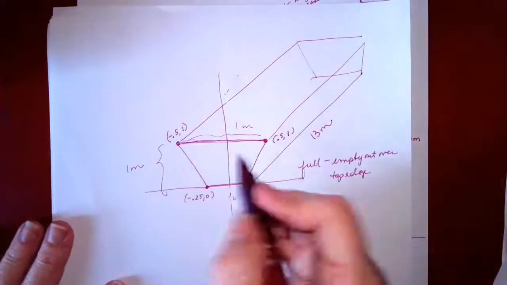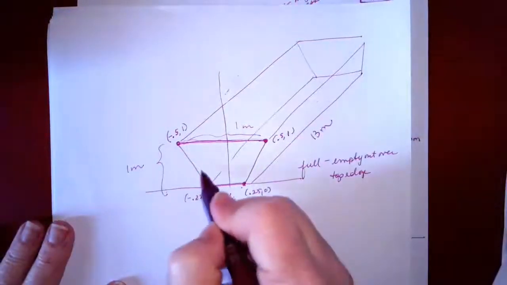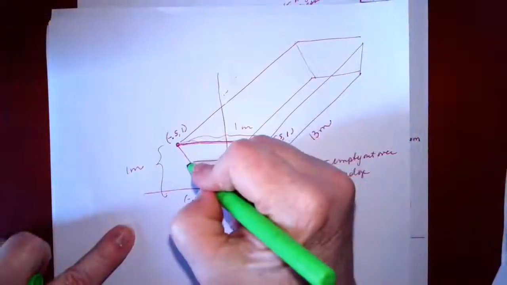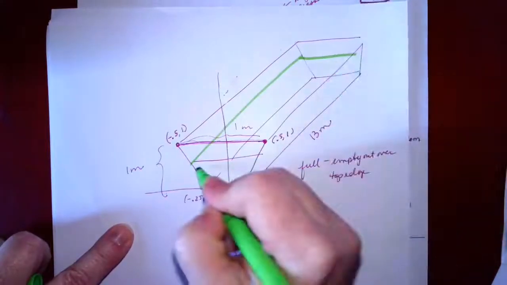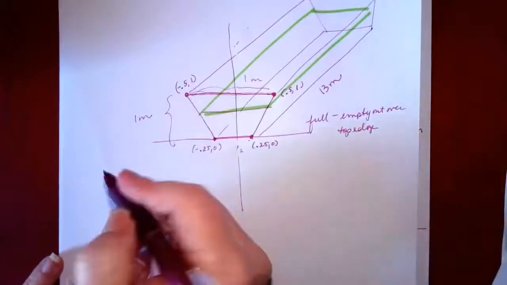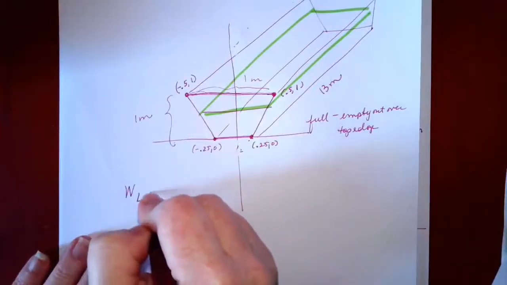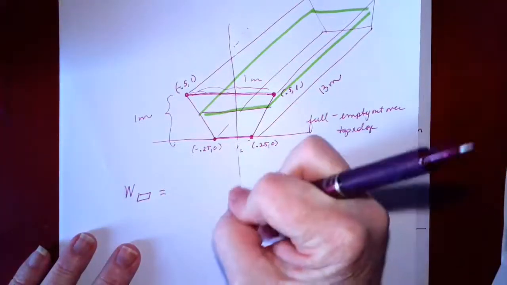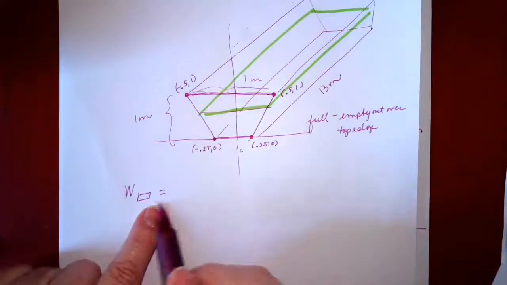Now, if I look at a cross section of water, my cross section this time is not a disc. It is a rectangle. So to figure out my cross sections, I'm going to have to figure out the work to lift a little rectangle rather than a disc. So we need to figure out the volume of that rectangle.